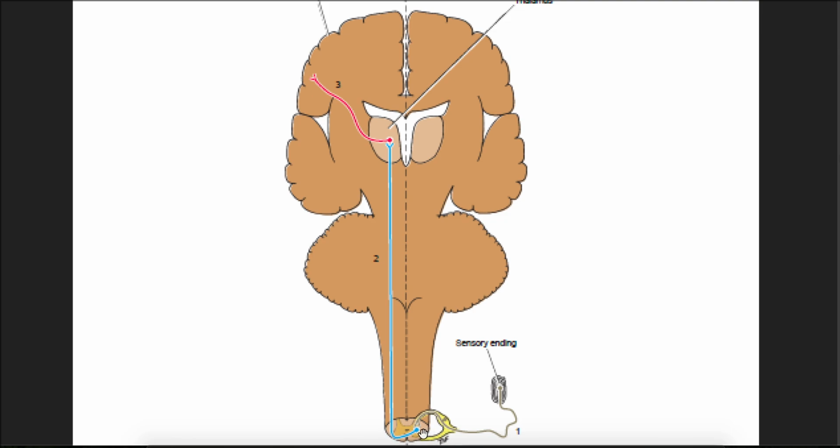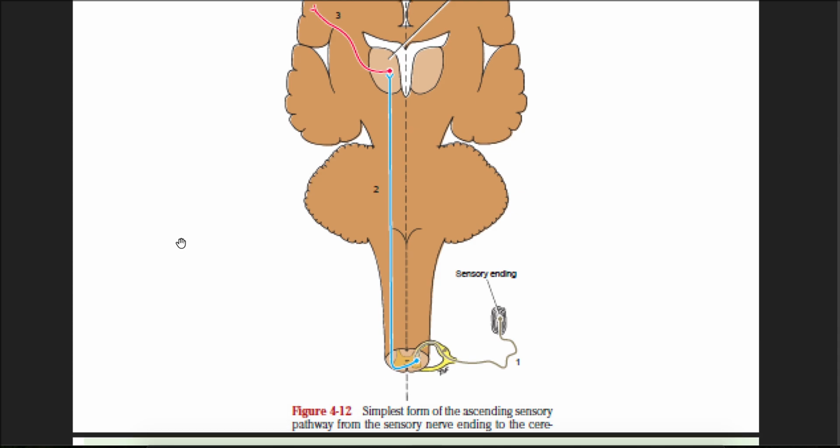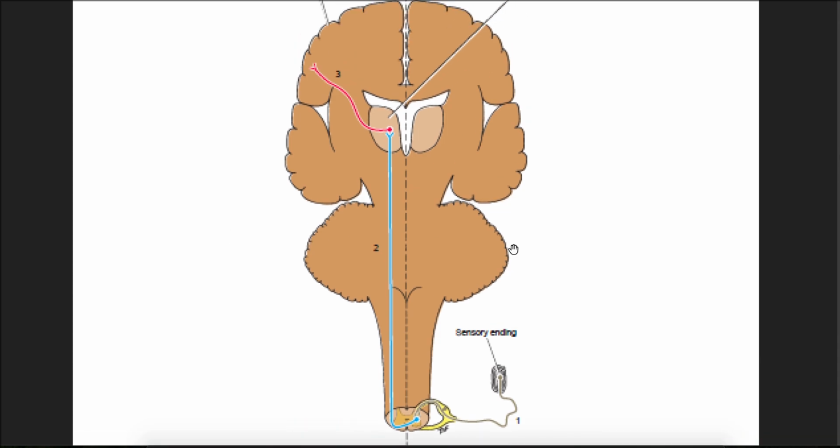This sensory information will cross, for example in the lateral spinothalamic tract, to the opposite side, ascend, relay in the thalamus and then go to the sensory cortex. So they say that this is a three neuronal pathway, three synapses: peripheral nerve fiber, the tract, and then from thalamus to cerebral cortex.